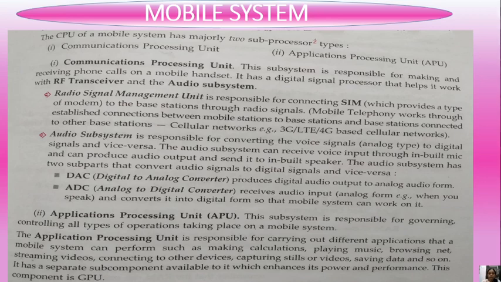The application processing unit is responsible for carrying out different applications that a mobile system can perform, such as making calculations, playing music, browsing net, streaming videos, connecting to other devices, capturing stills or videos, saving data, and so on. It has a separate subcomponent available to it which enhances its power and performance. This component is GPU. So this is the CPU of a mobile system.